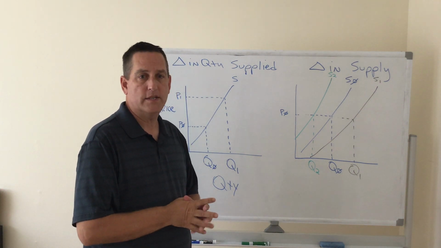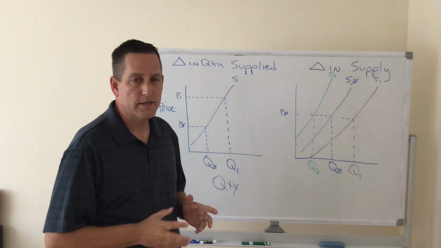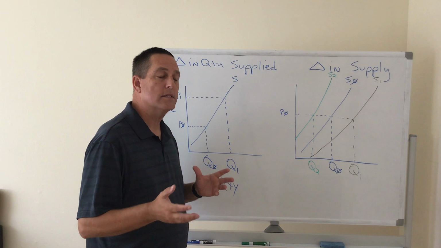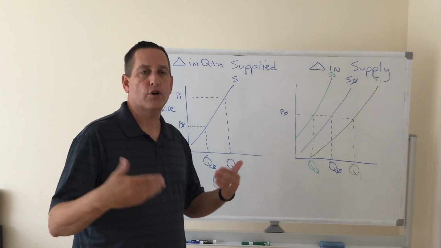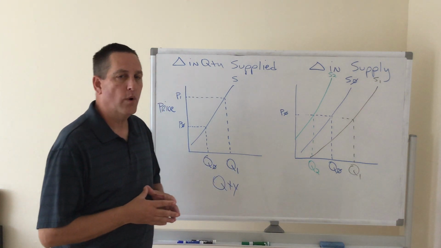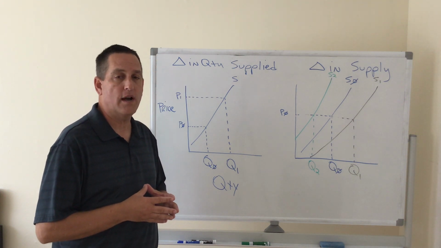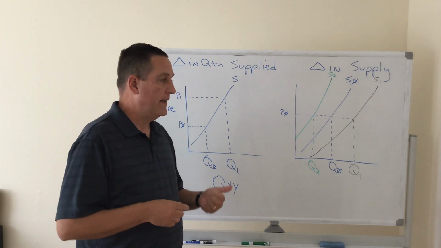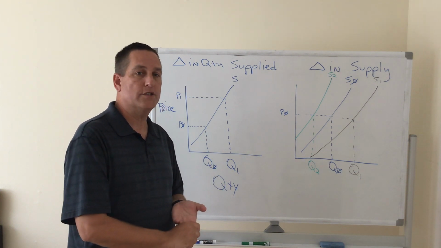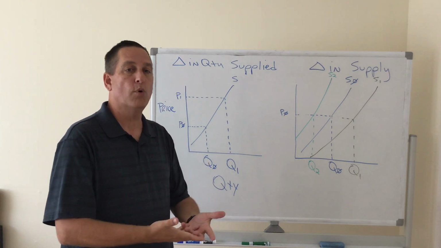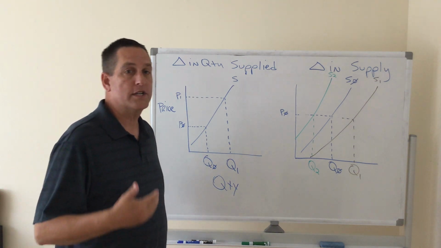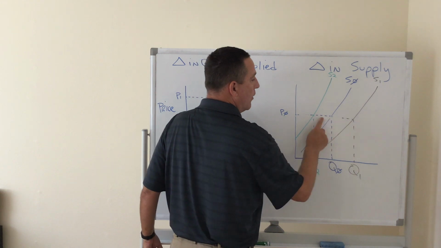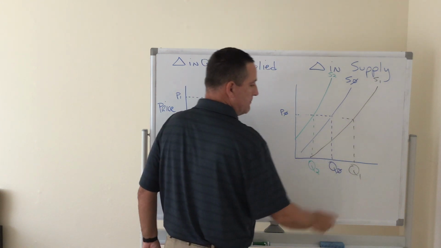Second one is productivity. Okay? Productivity is the second one. If you remember back to chapter 1, that's how fast the workers work. Well, typically what happens to productivity over time is it goes up, right? The workers get more experienced. They come up with better techniques and better ways to do it, and so they're able to produce more. Well, if the workers can work faster and better, then you'll be willing to supply more at the same price.